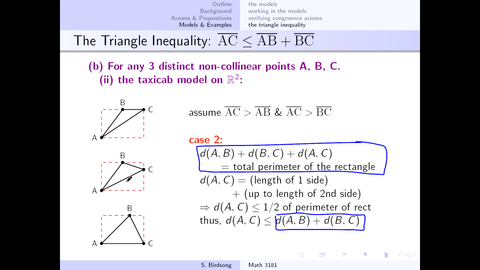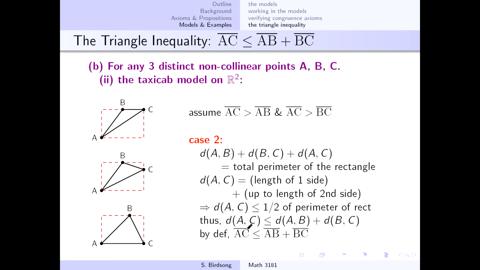Well, if the length of side AC is less than half the perimeter of the rectangle, that means the other sides have to be everything else. So if it's strictly less than half the perimeter, this sum has to be greater than half the perimeter of the rectangle. And if it actually equals half the perimeter, like in this first case, then this sum would also equal half the perimeter, which gives you exactly the result that we wanted right here, namely that inequality.